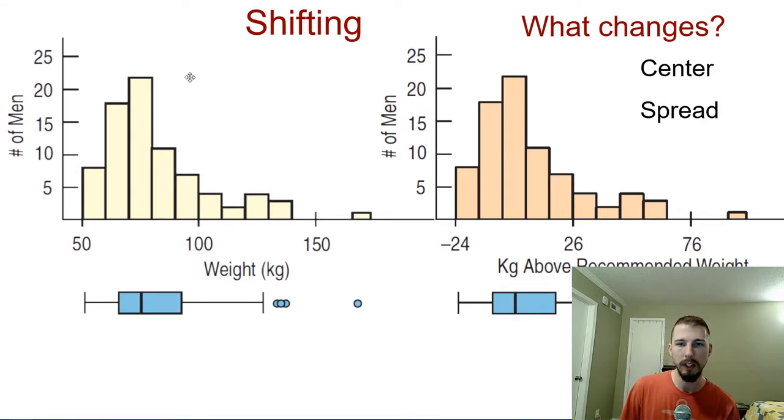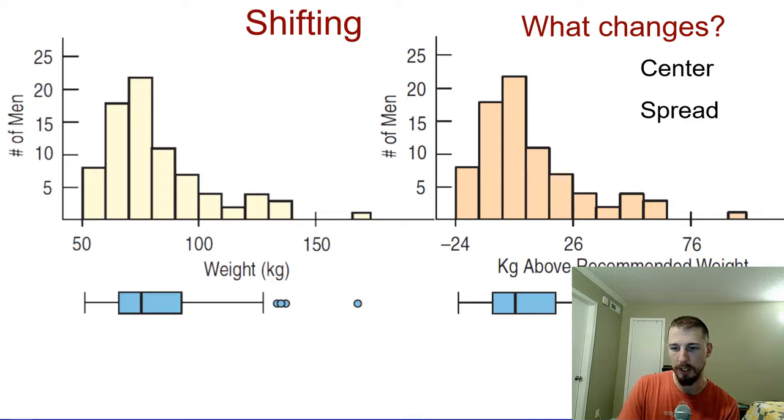So shifting is whenever we move all the data points to the right or to the left, or I guess up and down, but it's really right and left. So let's say that we have the weights of these, I don't know, 150 men or whatever it was. We have their weights in kilograms. So we had some men that were around anywhere from 50 to 60, and then over here we had a really big guy, an offensive lineman who's 170 kilos or whatever.